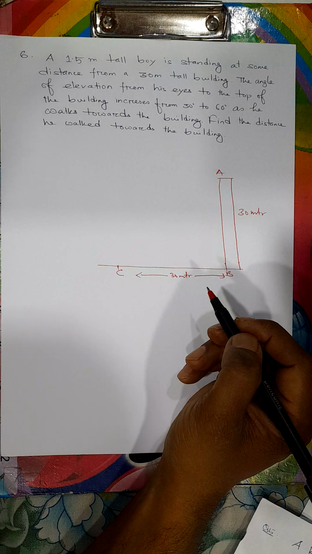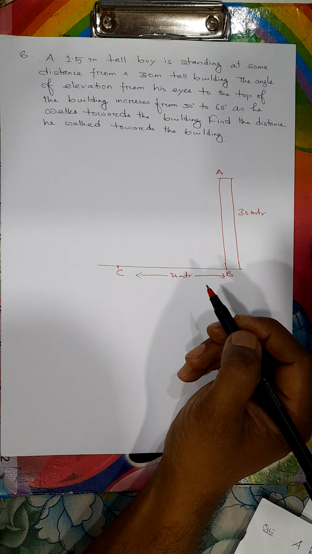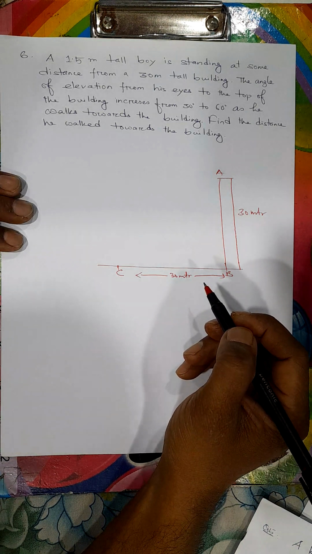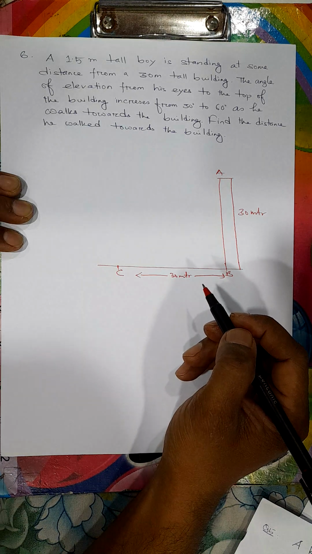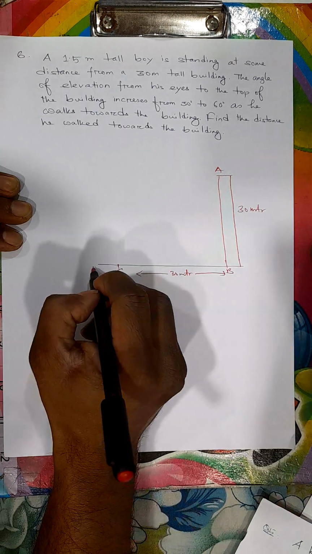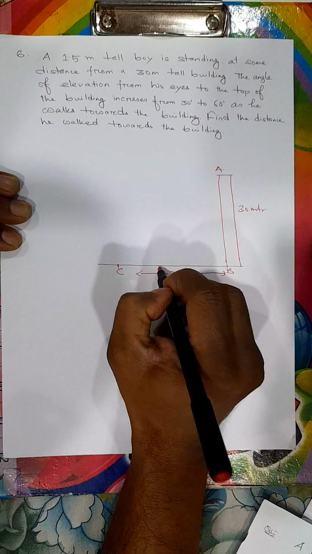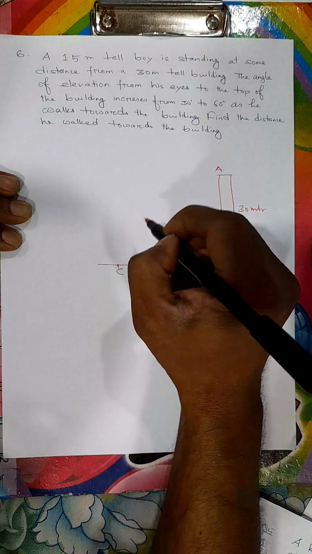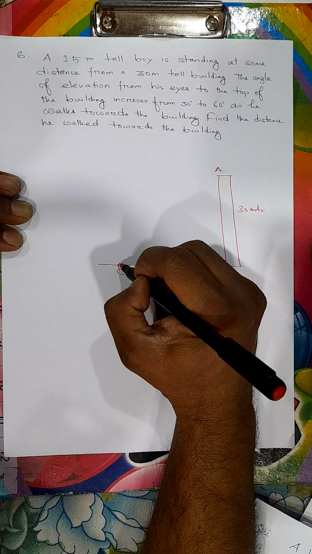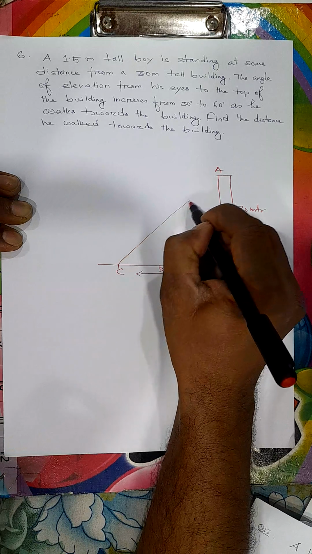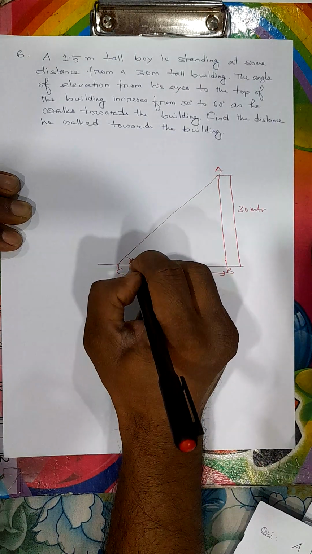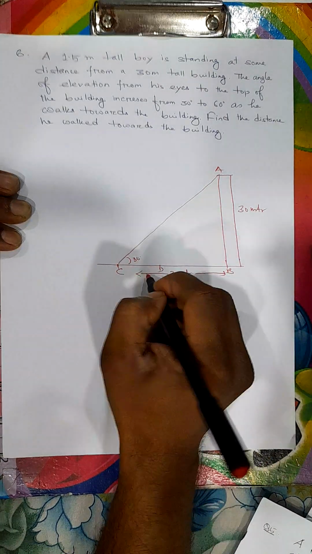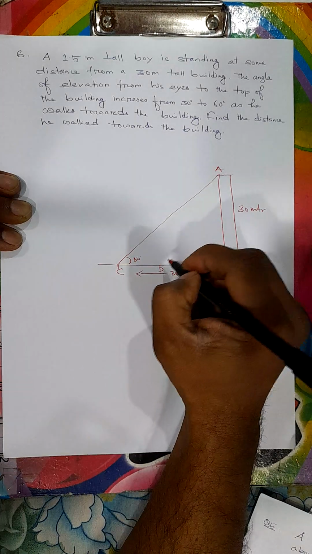The angle of elevation of his eyes to the top of the building increases from 30 degree to 60 degree as he walks toward the building. Say he is walking from C to D. Earlier the angle of elevation of the top of the building was 30 degree, and after walking from C to D it becomes 60 degree.